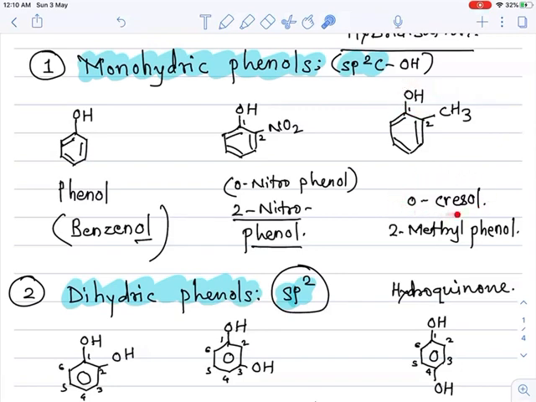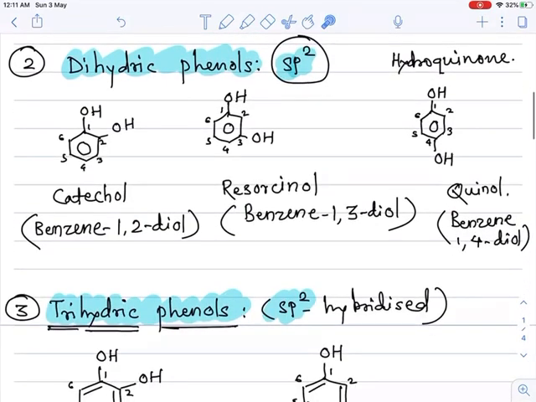So this structure is orthocresol, and its IUPAC name is 2-methylphenol, since it is a derivative of phenol.